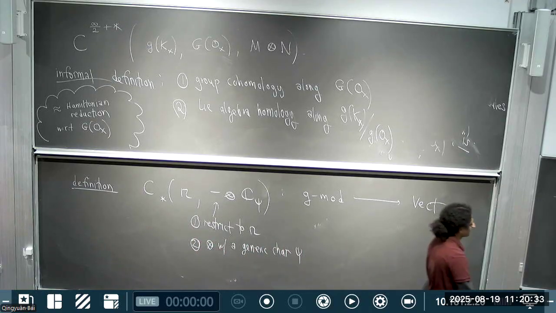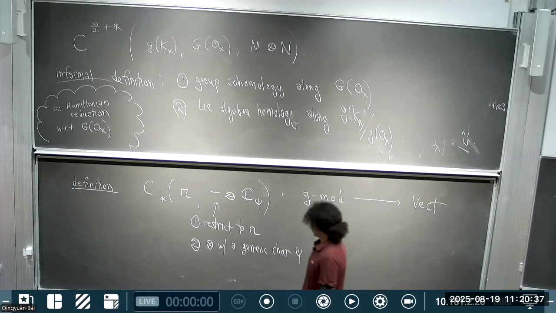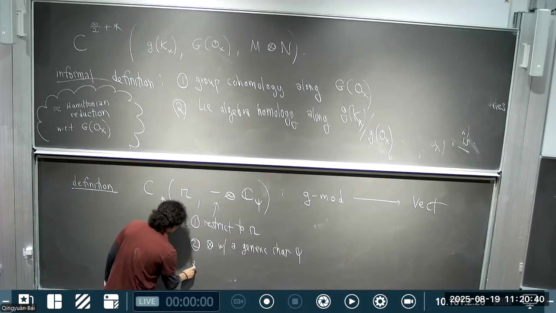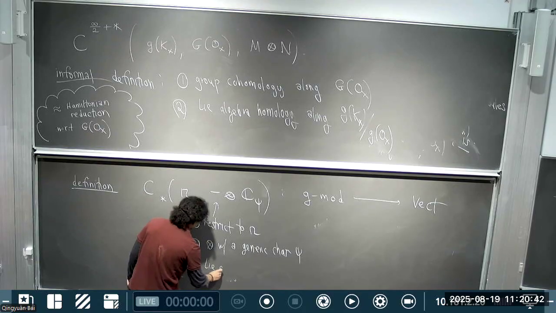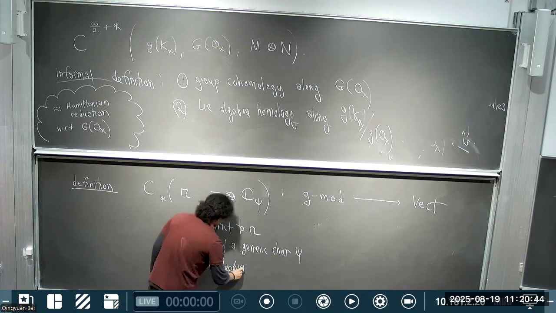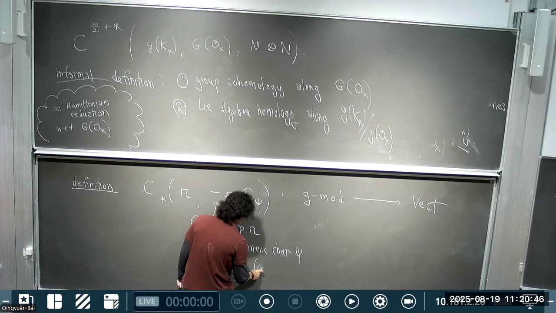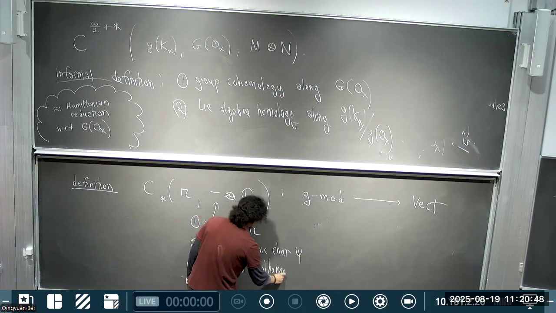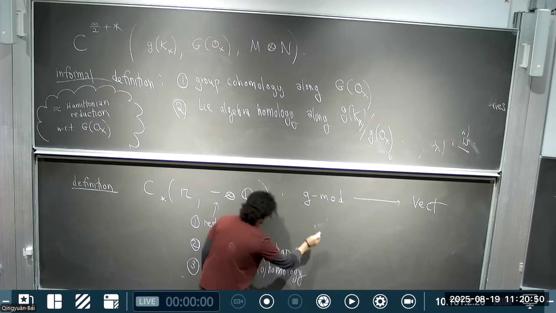Completely could be thrown along this diagonal. Okay. And then three, take sort of the homology. Again, you could ask whether to take homology or cohomology; it doesn't really matter up to shift.